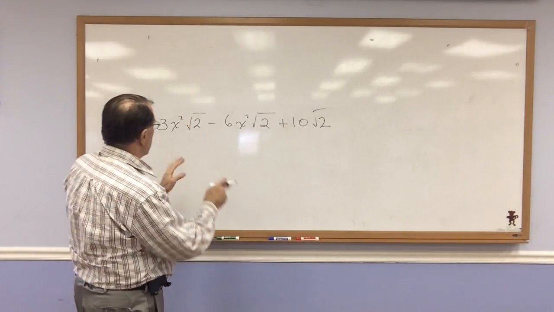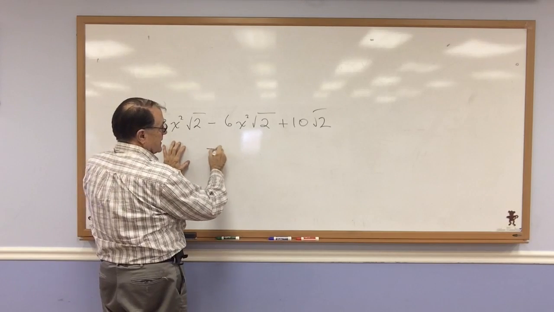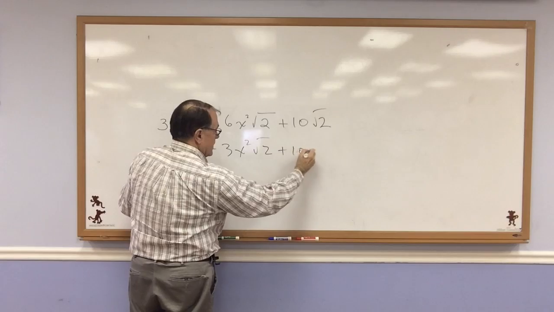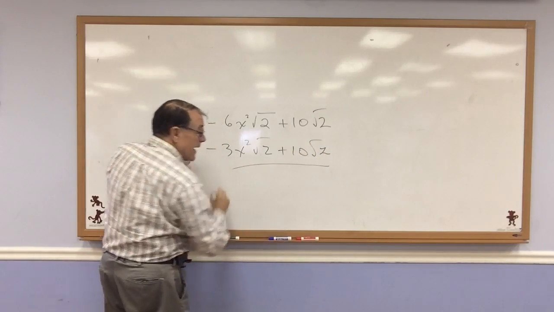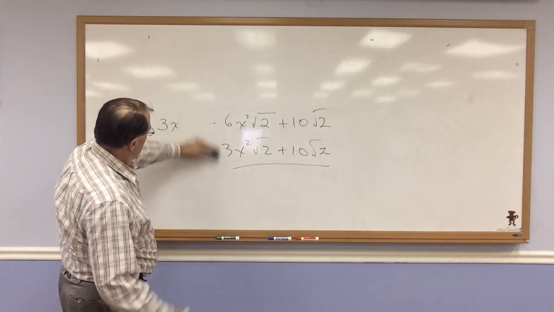I could only combine these two terms, the x squared terms, giving me negative 3x squared root 2 plus 10 root 2. And that would be my final answer in that case.